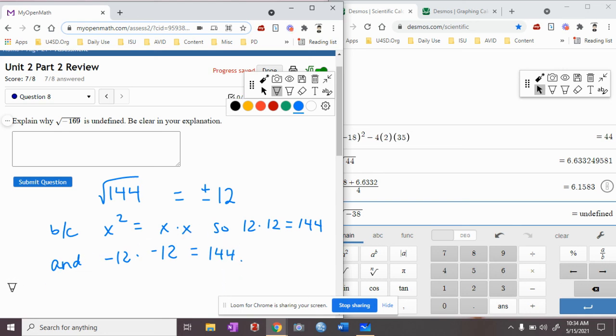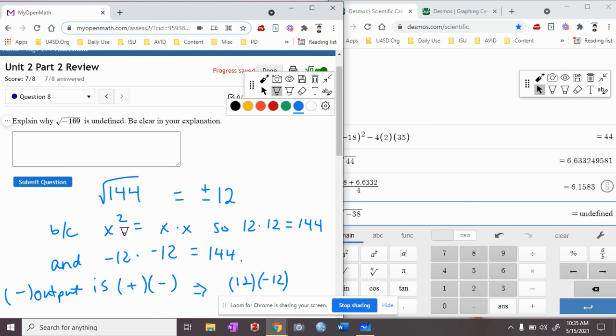But to get a negative output, if I have negative x squared, can I take the square root of that? Because when I do that, to get a negative output, we have to do a positive number times a negative number. But then if I'm doing a positive times a negative, that's not squaring. So for example, if I do 12 times negative 12, that's negative 144, but that's not a number times itself. That's a number times its opposite.